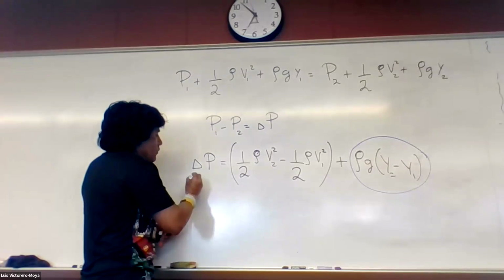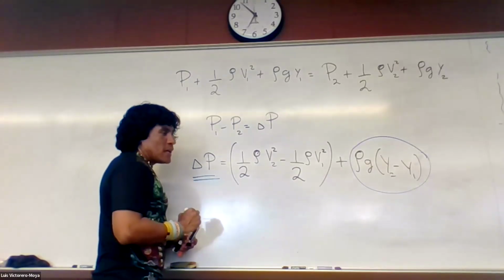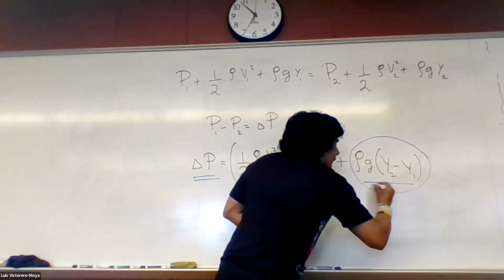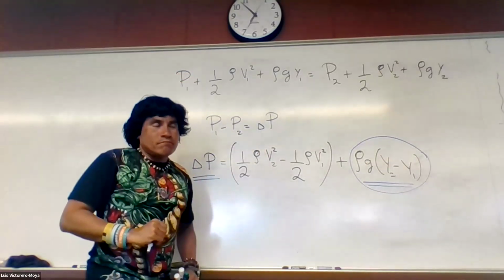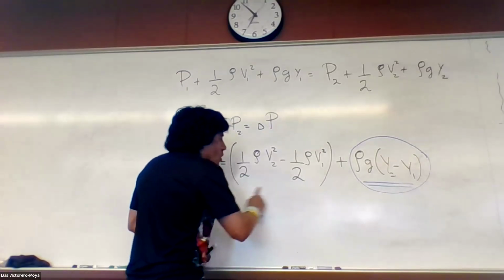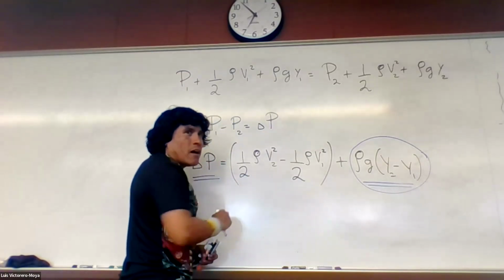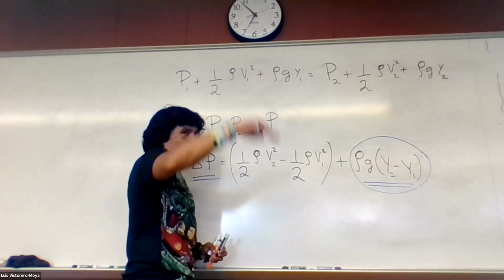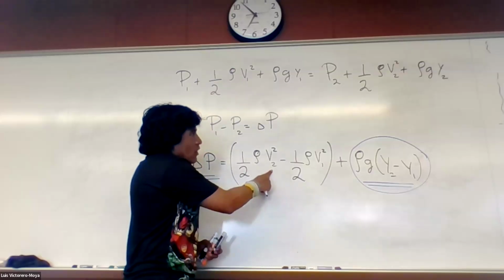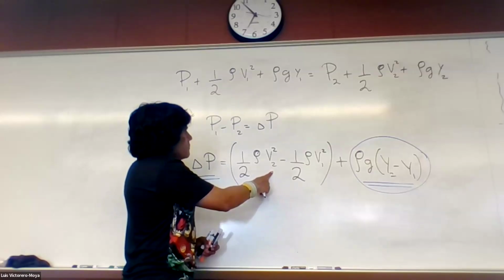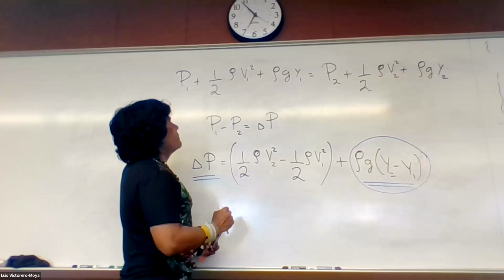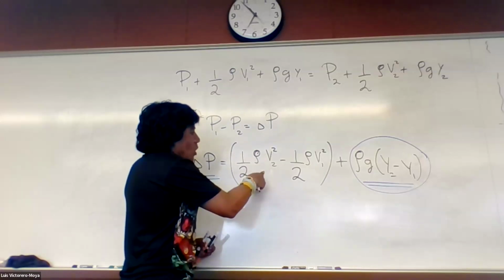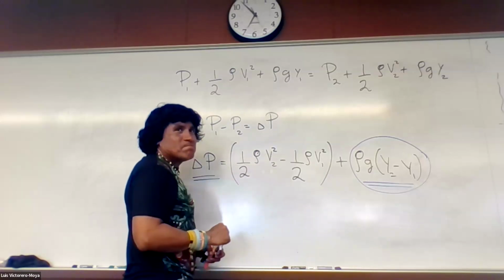If you know the pressure difference and you know the height difference between the top and the bottom, you can know the difference in the velocities between the top and the bottom. So the velocity on the top will be more than on the bottom.